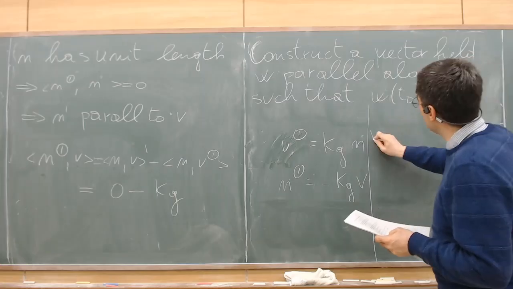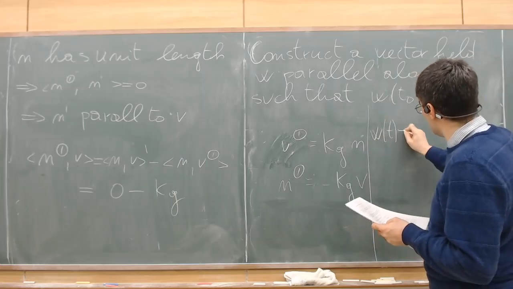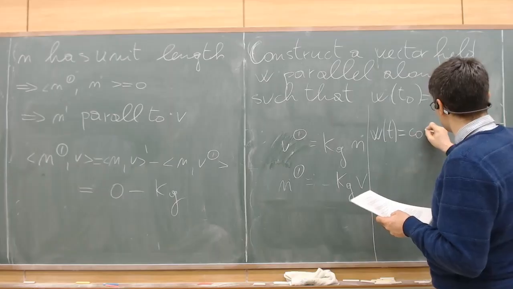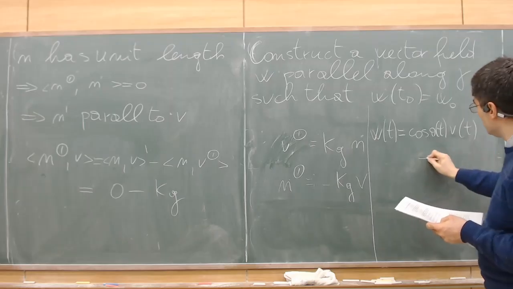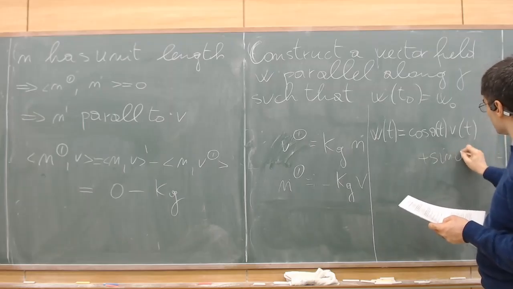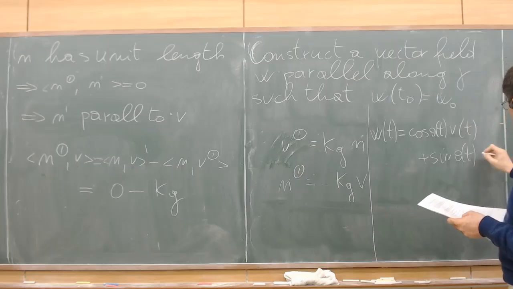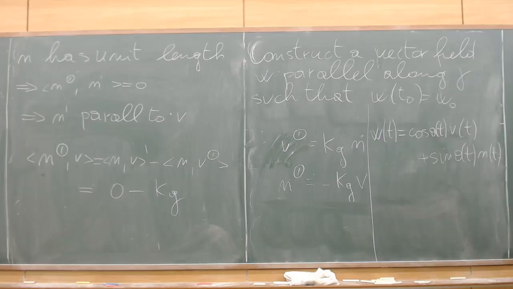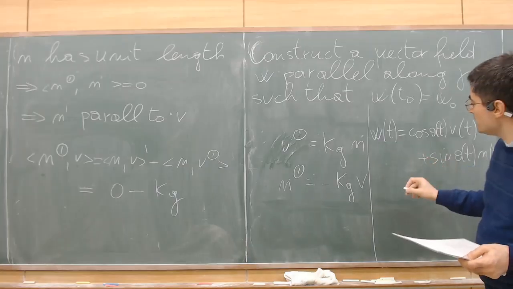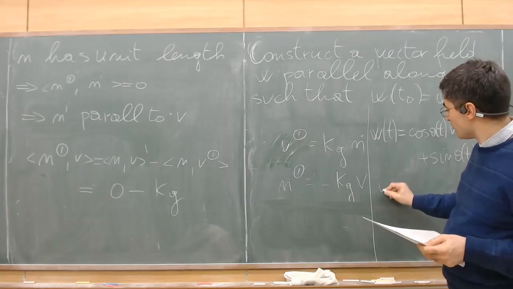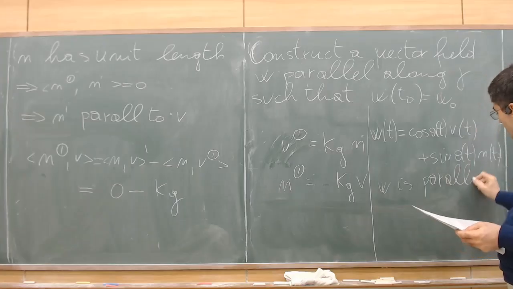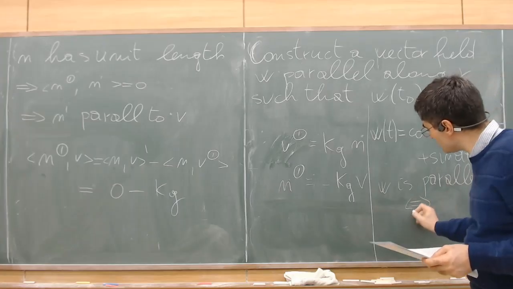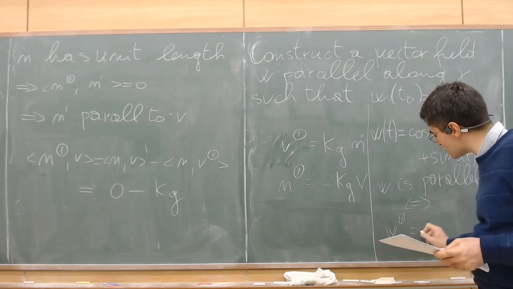We define W of t this way: cosine of theta t times V of t plus sine of theta t times n of t. We want this to be parallel, so W is parallel if and only if W prime is 0.